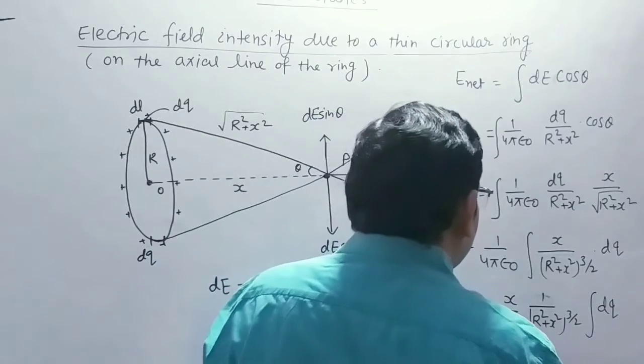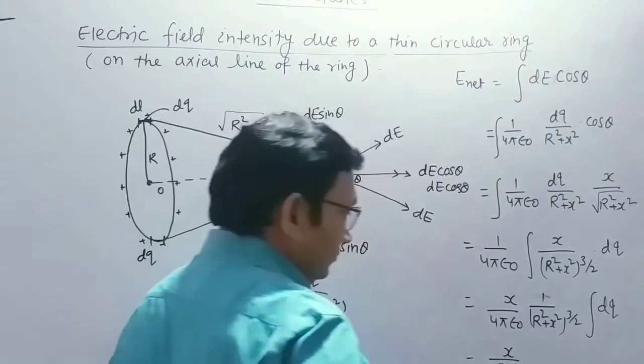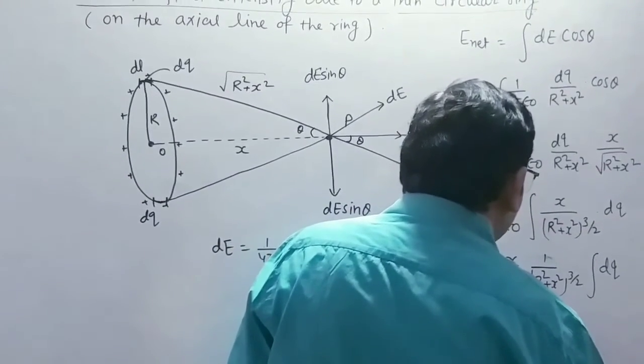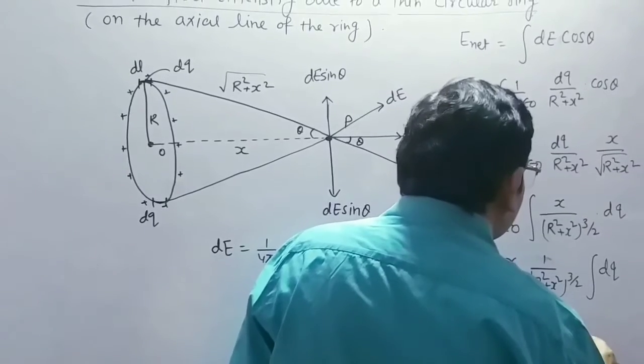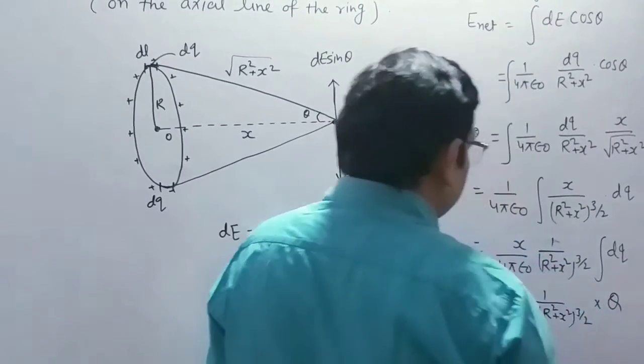So we have x by 4 pi epsilon, 1 by r square plus x square to the power 3 by 2, and integration of total charge is q.